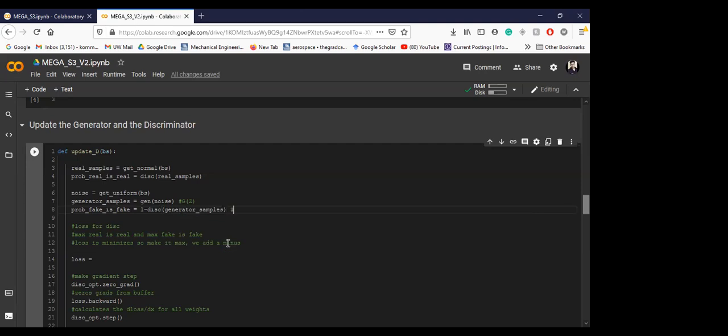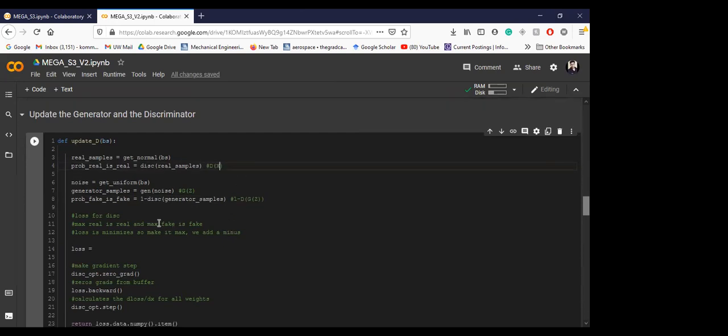So this is 1 minus D of G of Z, and this is D of x. Okay, so now that we know the probabilities, let's write the loss function.